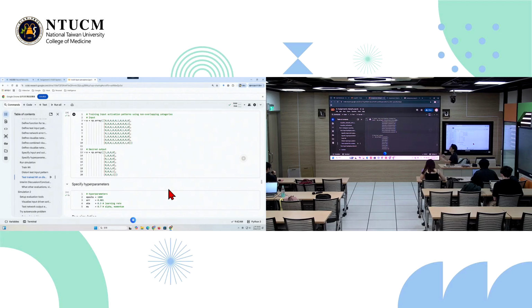Okay. So what we want the network to do is that if I give you 0, 0, 0, 1, 0, 0, 0, the network should output 1, 0, 0, 0. And if I give you 0, 0, 0, 1, 0, 0, 0, 0, this one, then the network should output 0, 1, 0, 0.